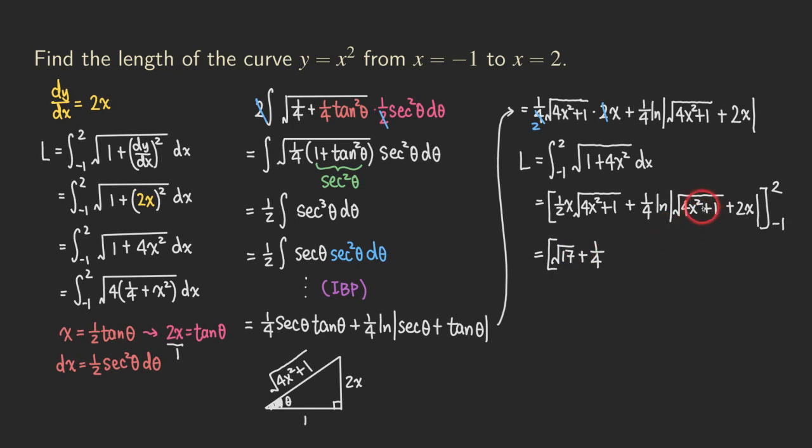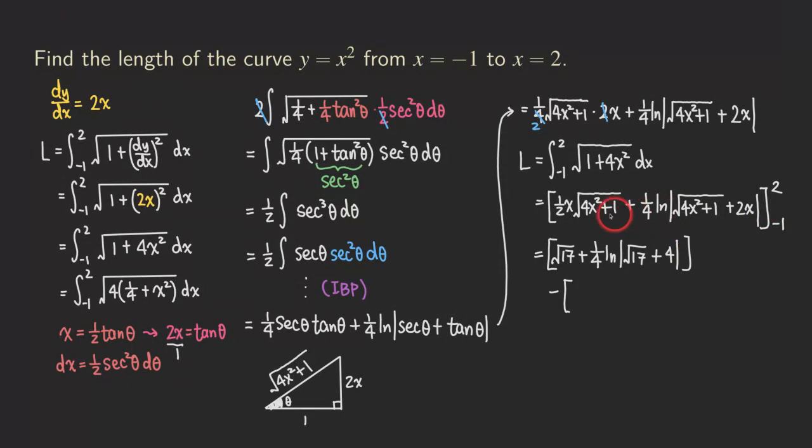Now, same thing here. We did the calculation already, so we know that it's going to be ln of absolute value of square root of 17, and then plus, now if you plug the 2 in here, you're going to get 4. That okay so far?